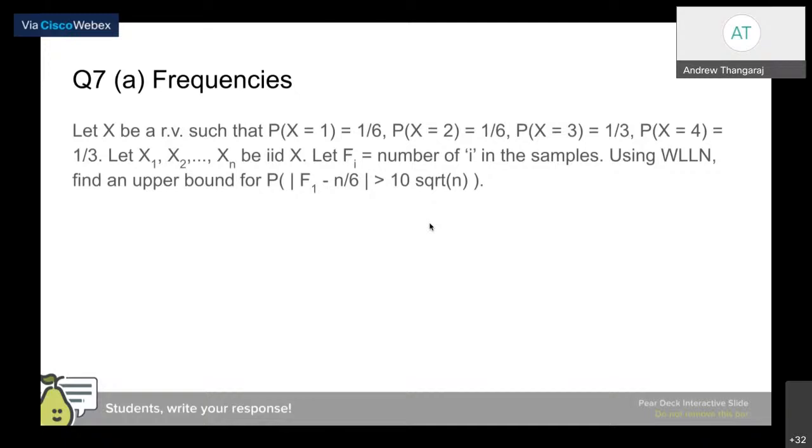Frequency is a count. Fi is still a count, right? It's the number of i in the samples. It's a frequency count, and the count is a random quantity in this case. When you have the samples being random, the count is random. The count is very important in many learning applications. Particularly in language modeling, where people look at text and try to fit probability models to it, how many times a letter appears in a legitimate English sentence, how many times a word appears, what the most frequent words are, these things play a huge role.